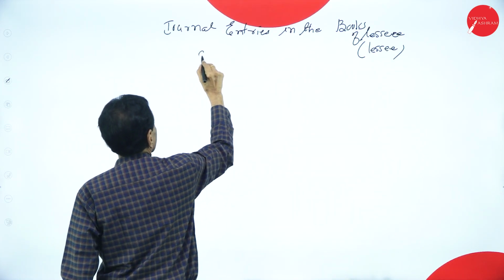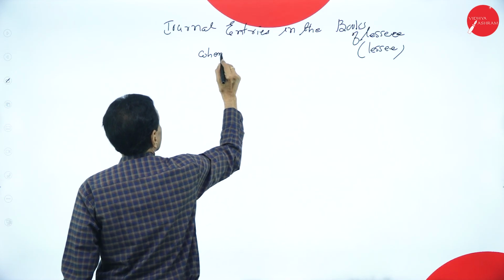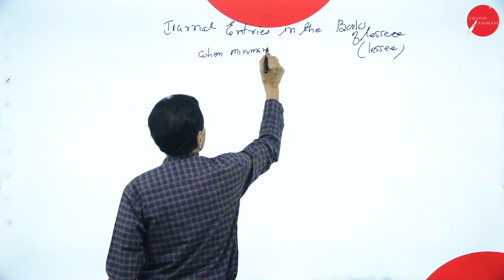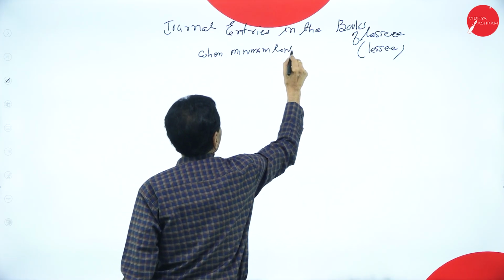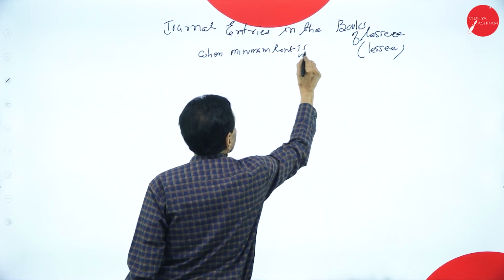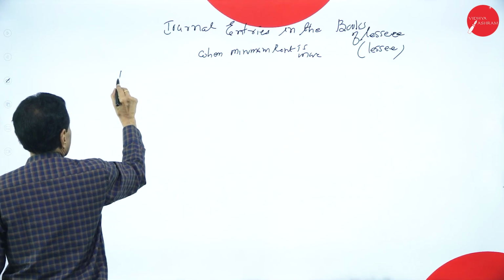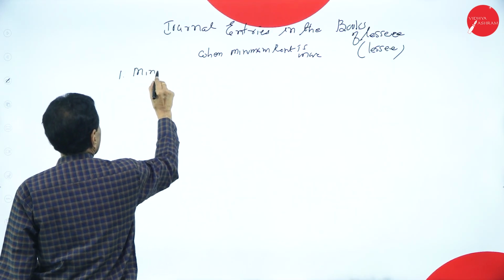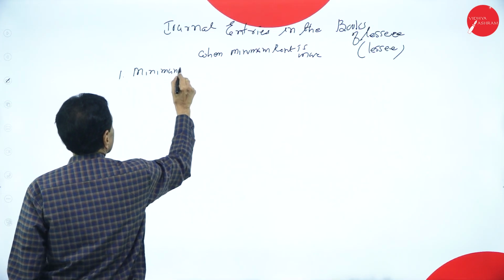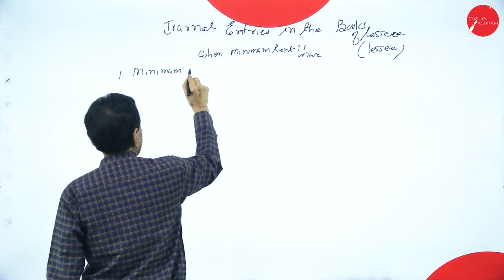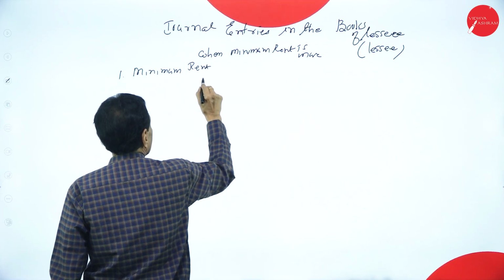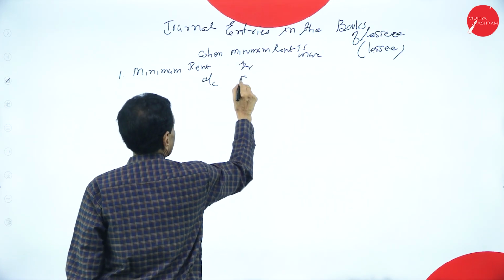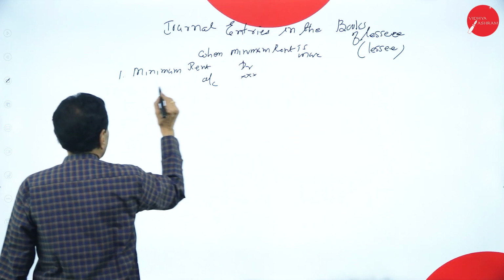When minimum rent is more, number 1, minimum rent account debtor to landlord account.